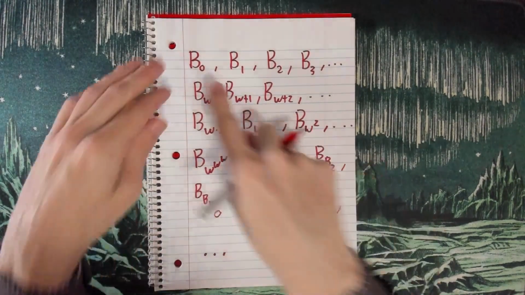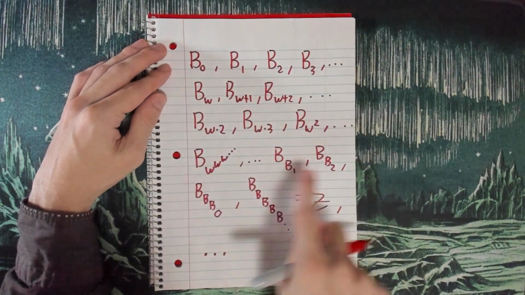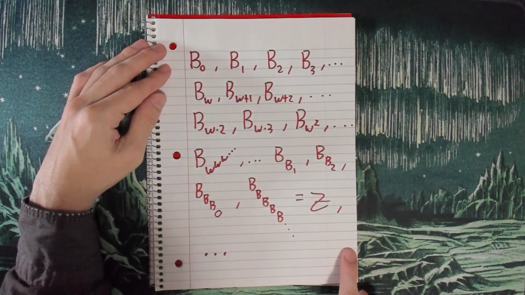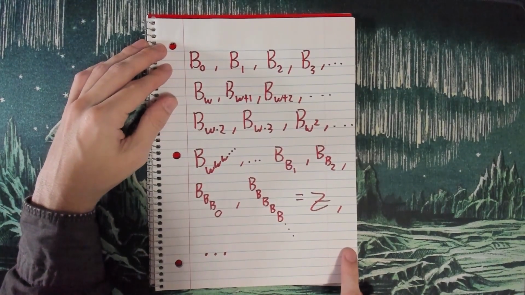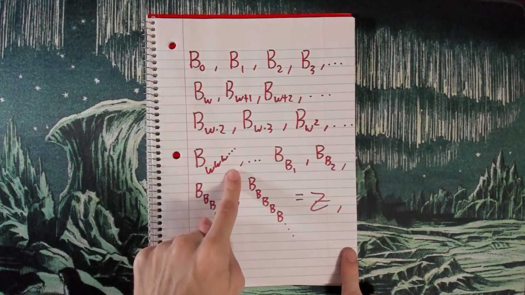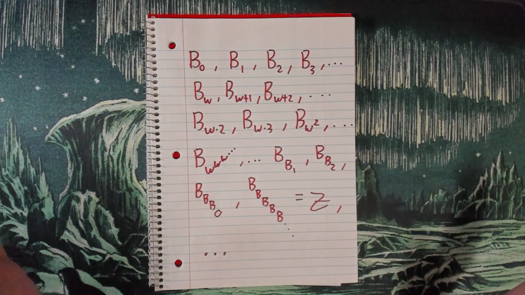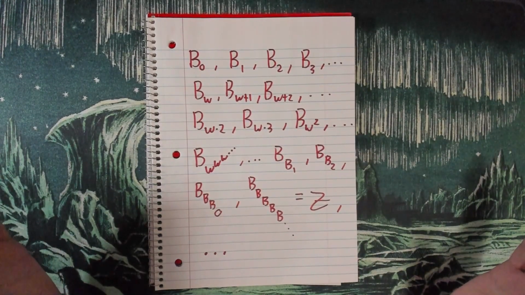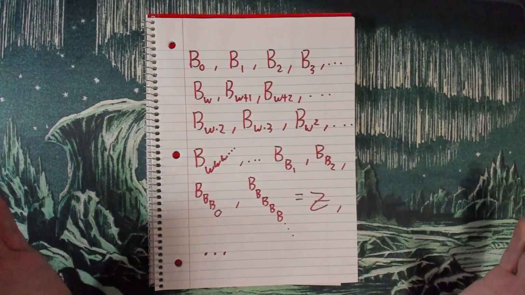So let's just think of this as a grand, wild list of all of the Beth numbers that there are. All of the Beth numbers. The question is, how many Beth numbers are there? Which Beth number measures the infinity-ness of all of the Beth numbers, or surpasses the infinity-ness of all of the Beth numbers?